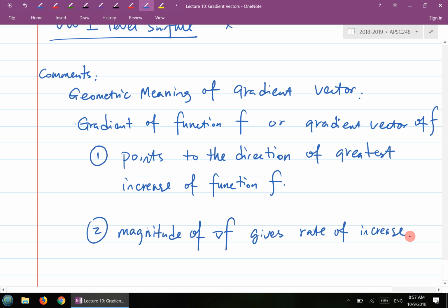So the direction tells me that if I go this direction, I will have the greatest increase of this function f. Fine. But then the second part of the question is, what's the rate of change? How fast does it increase? The magnitude of that gradient vector will give you that information. That's the conclusion regarding the gradient vector.